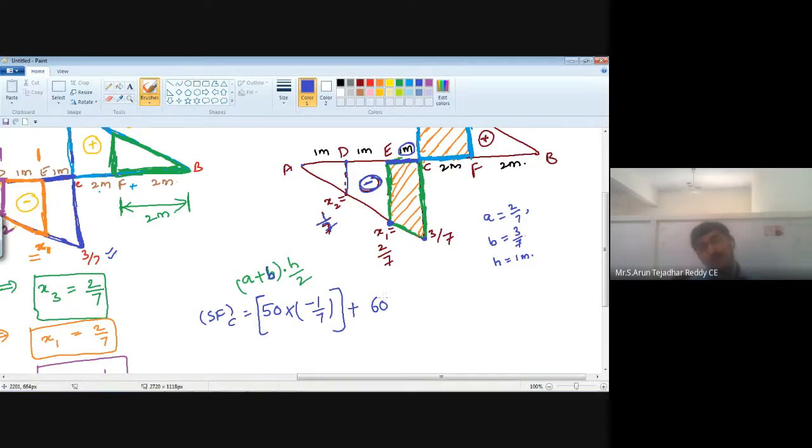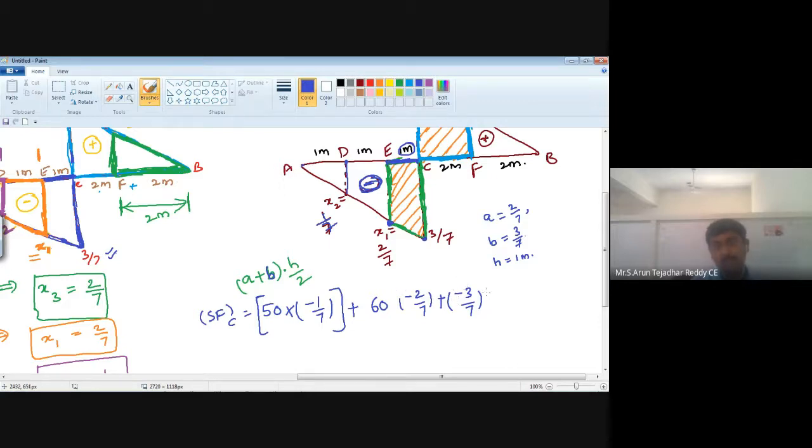Now it should be multiplied with the area of the trapezoid, that is A plus B. Here A is 2 by 7, but it is minus, 2 by 7 plus B. B is 3 by 7, but it is downward, so minus 3 by 7.